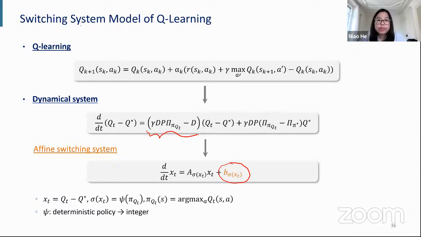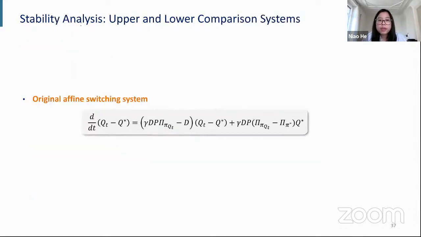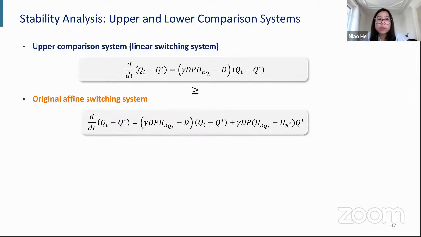So what we've shown is that this affine term can be easily avoided if you relate this system to two much simpler systems. Particularly, if you just ignore this affine term, if you just throw away this bilinear term, this will give you a linear switching system, right?